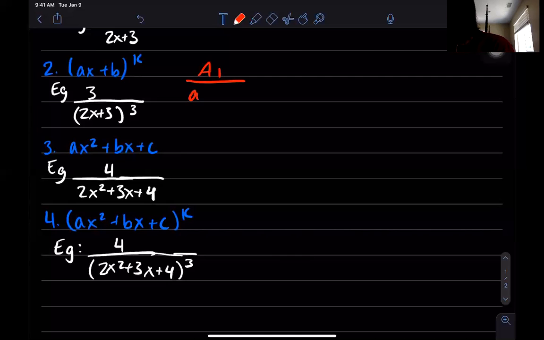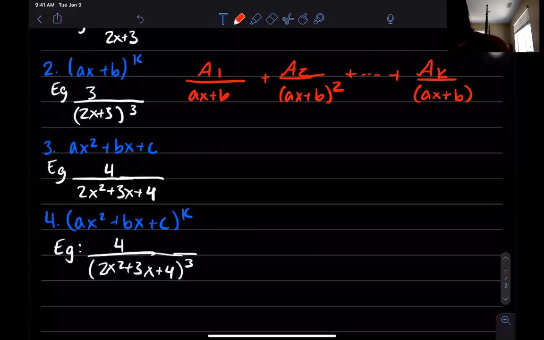a1 over ax plus b, plus a2 over ax plus b squared, plus, and then we're just going to keep going until finally we get to ak over ax plus b to the power of k, right? And so we're just going to keep adding on those fractions, keep adding on numerators until we hit k.